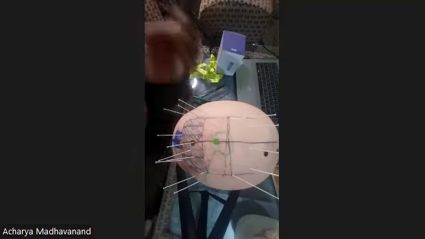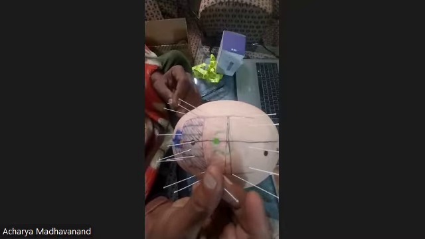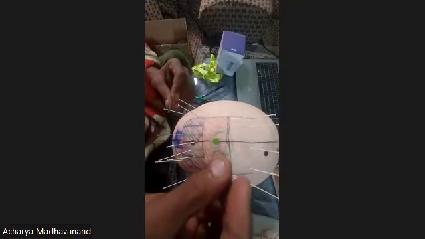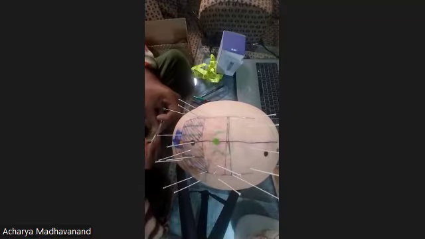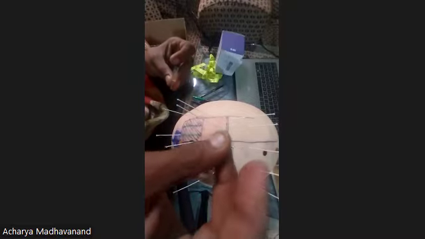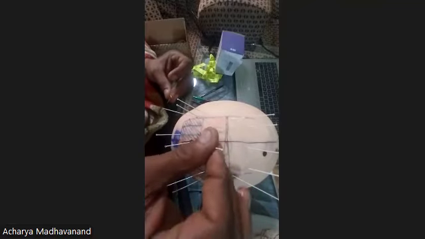Now, if you want to treat the upper jiao also, then you put needles like this, from the first needle, like this.